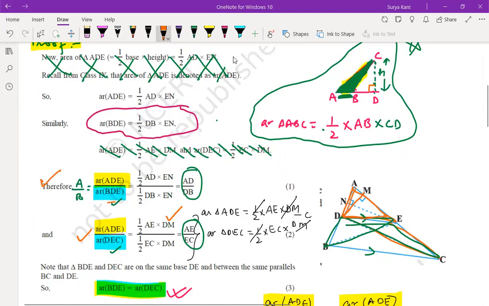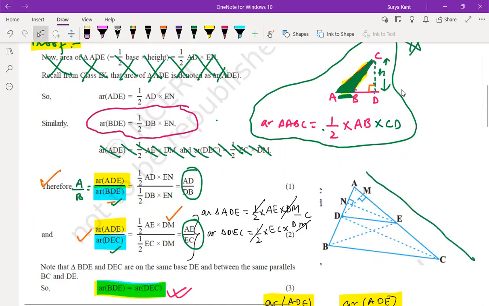So half AD into EN, because now we are considering this side. For the base of ADE, half base into height, half AE into DM. For this triangle, we are writing half AE into DM.